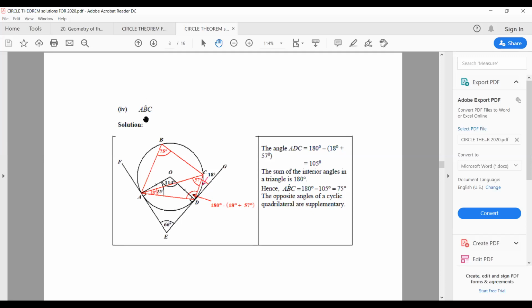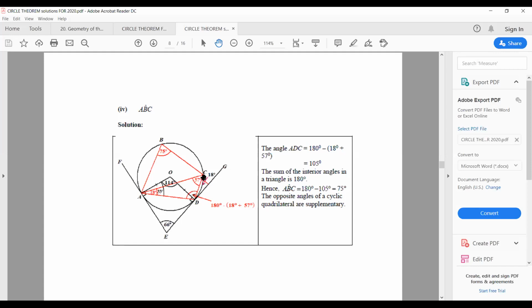So A, B, C, we are finding the angle B. First the angle ADC. Sorry, I completely said craziness.